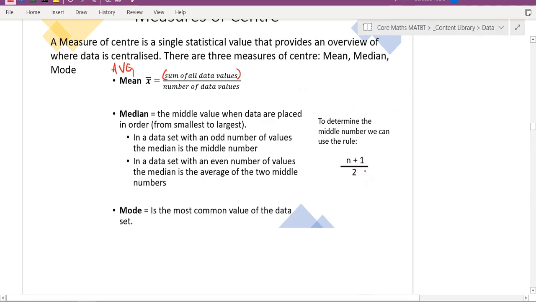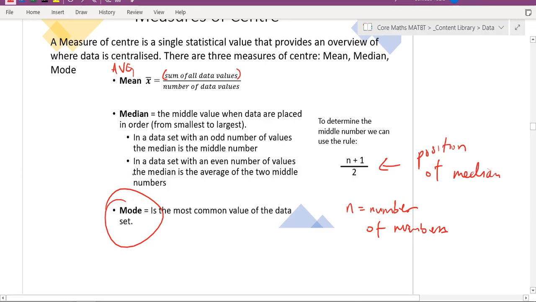If you have a really high number of numbers, use this little formula to determine the position of the median. If you have like 50 numbers or 39 numbers, for example, use this formula to find the position of the median. So n refers to the number of numbers. That's what n represents there.